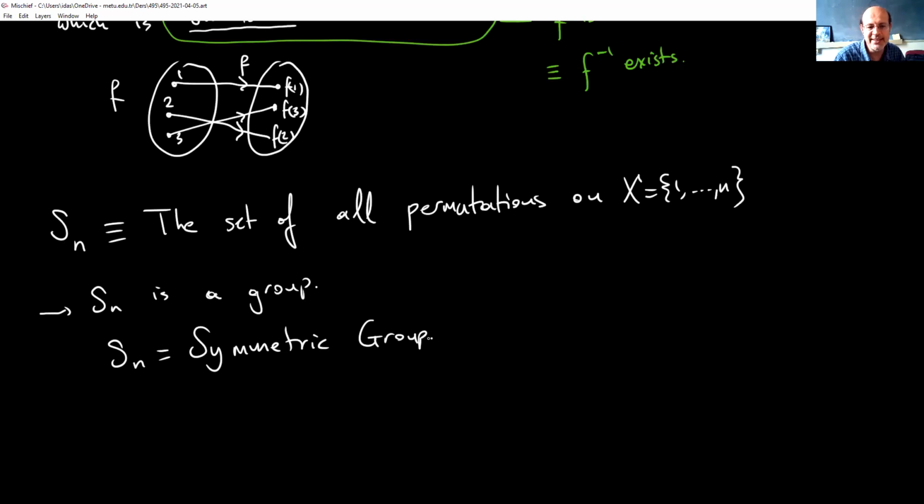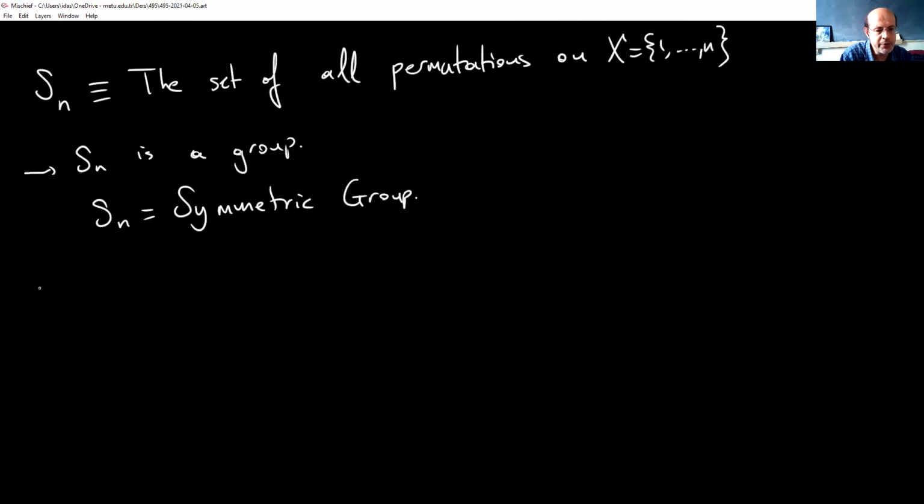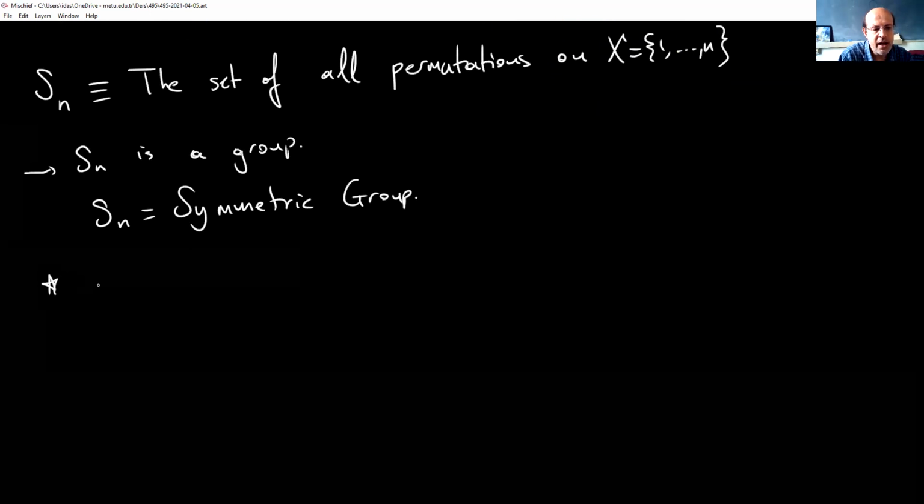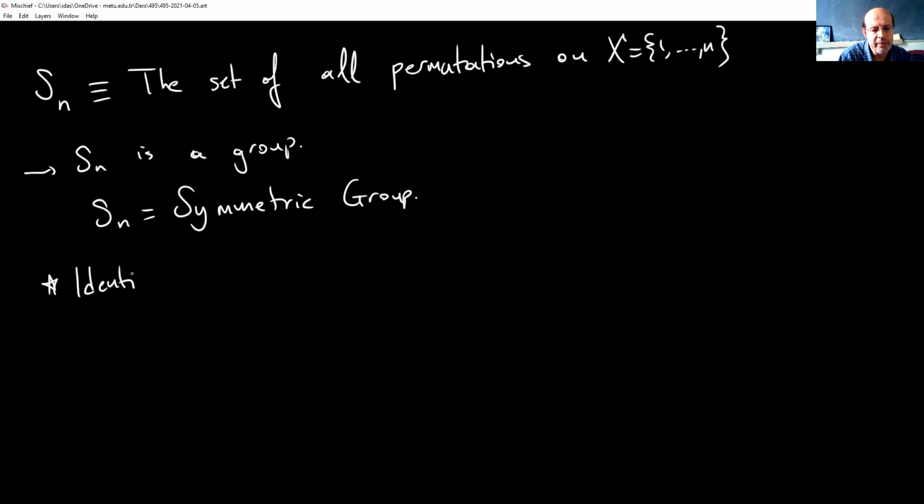And for that reason, this is important. I don't think that we are going to discuss this kind of symmetry in this course, but this is one of the reasons why we are interested in this group. Okay. Why is this a group? First of all, consider the identity permutation.